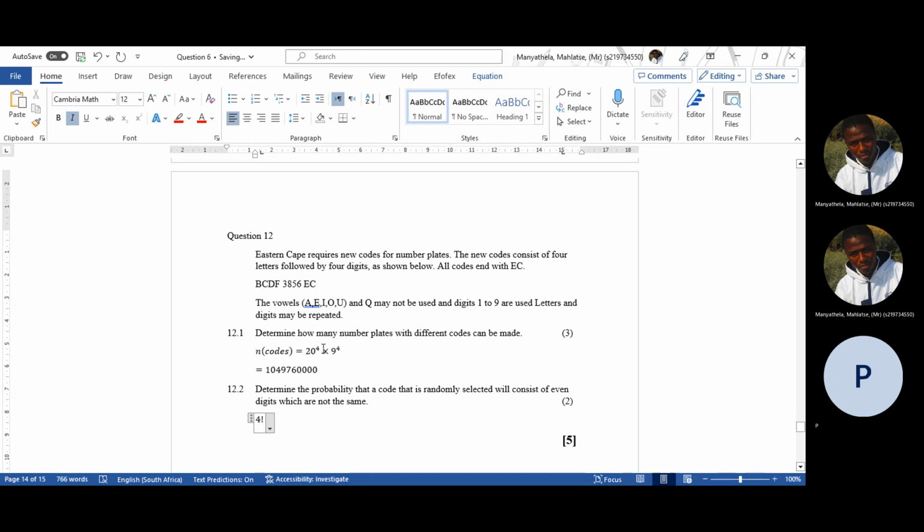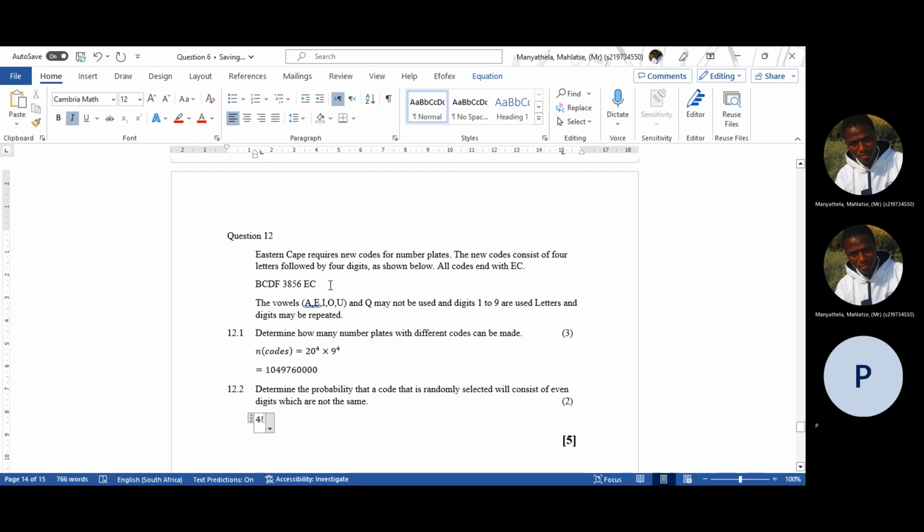The reason why we raised this to the exponent 4 is because the letters are followed by 4 digits. So this 4 is from the digits that are to follow. We're going to say 4 factorial because now we want to determine the probability that a code randomly selected will consist of even digits which are not the same.